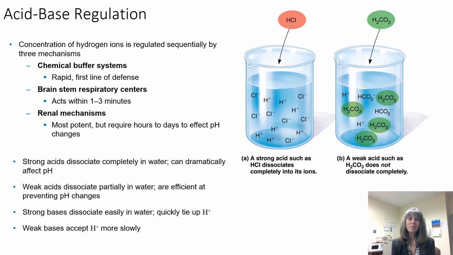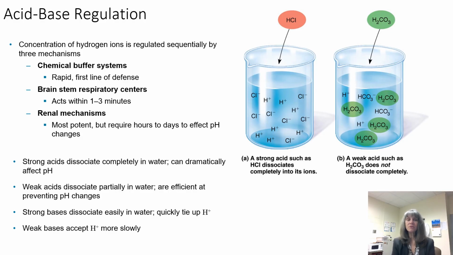The second mechanism that will kick in is our brainstem respiratory centers, which will act within 1 to 3 minutes. And then finally, we have renal mechanisms, which are the most potent form of regulating pH within the body, but those require hours to sometimes days to affect changes in pH.